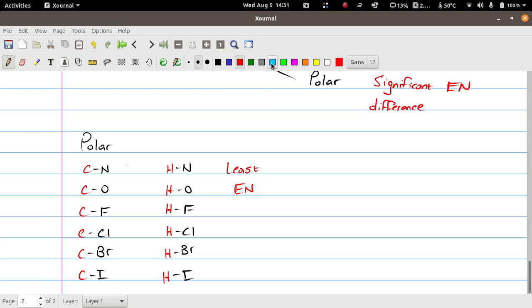And then our nonpolar, I'm going to just write here. This one's important. So just make a note of that being nonpolar. Copy that, and then we're going to go to the next page.